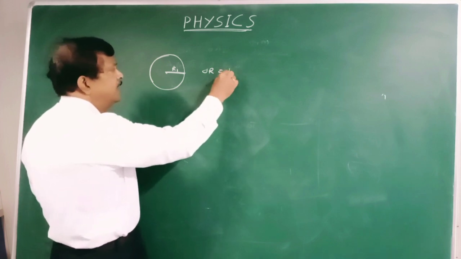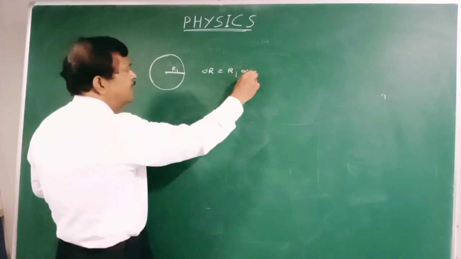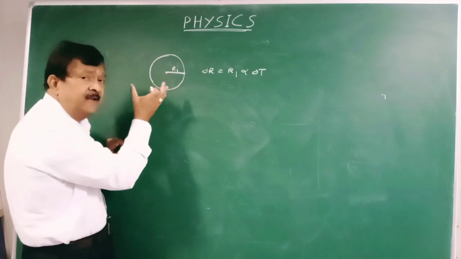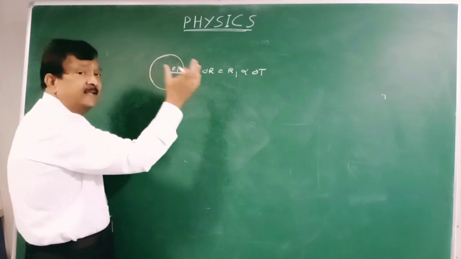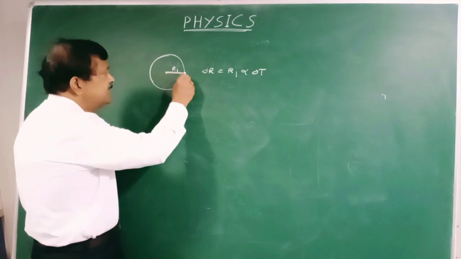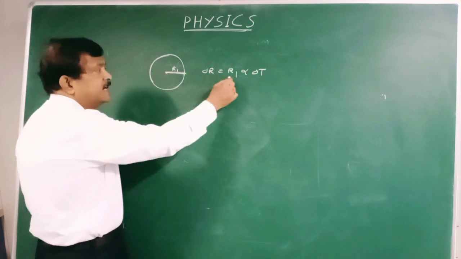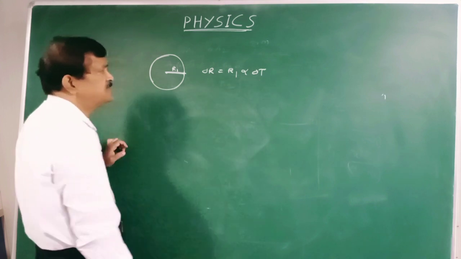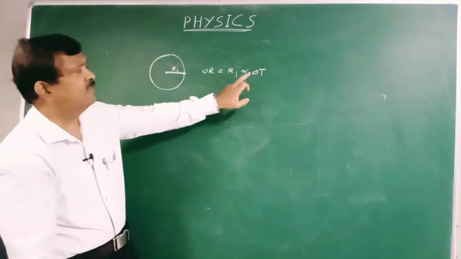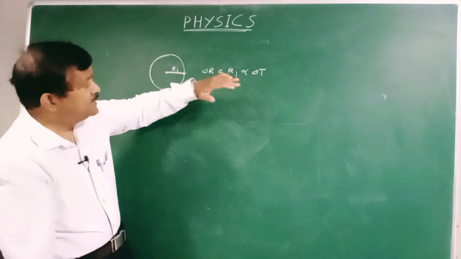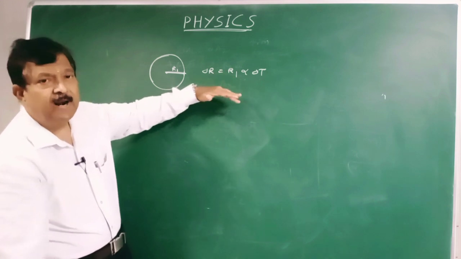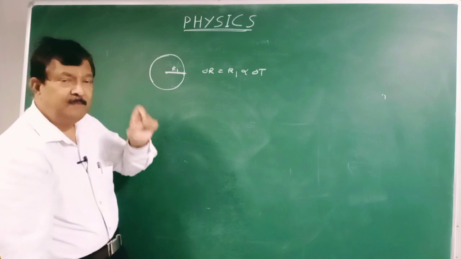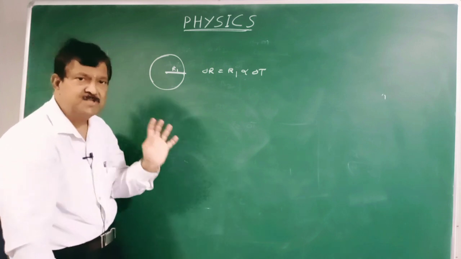You can say initial radius R1 alpha delta T. That means the radius behaves like a length, and this distance will be increasing just like the expansion of length. So delta R you can calculate from this equation, that is R1 alpha delta T. This principle we can apply in a regular application in day-to-day life. There will be so many numerical examples based on this principle.